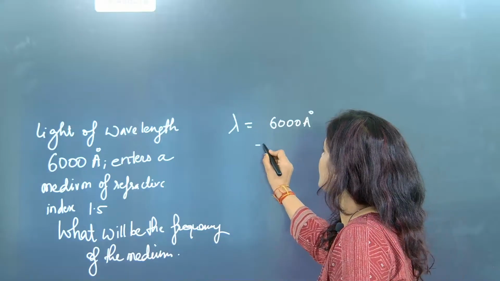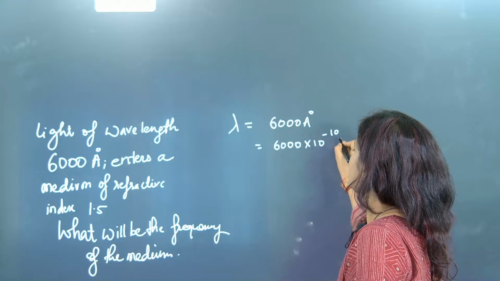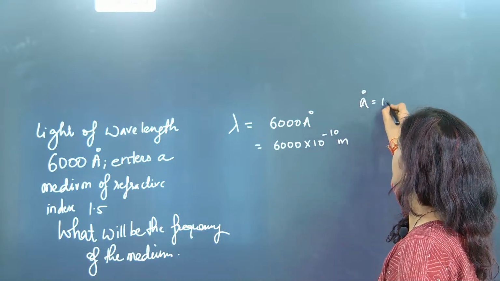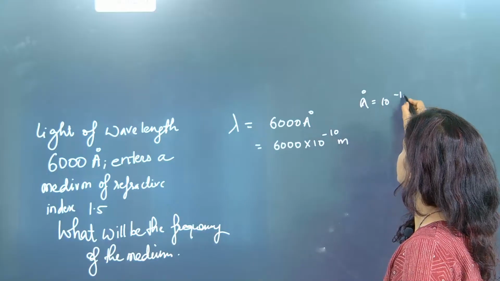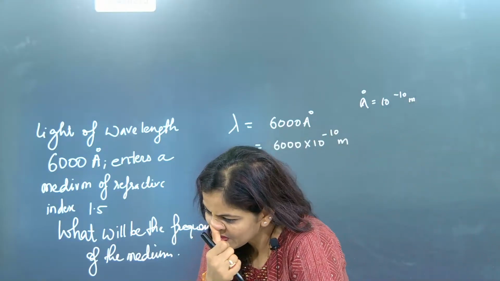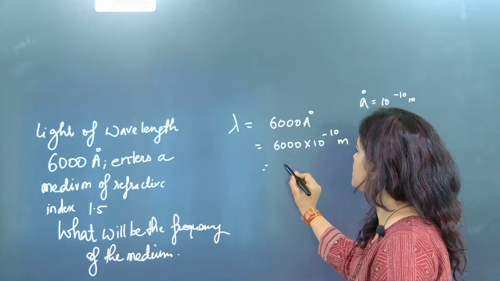So here we know that 6000 into 10 to the power minus 10 meter, since 1 angstrom is equal to 10 to the power minus 10 meter. So now how much will this come? 1, 2, 3 zeros will go.